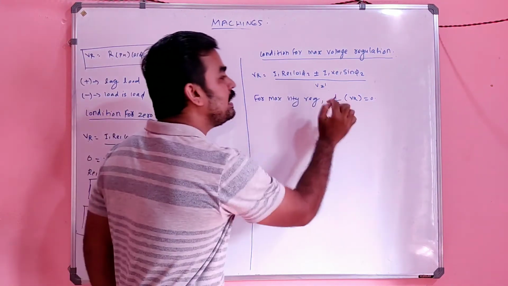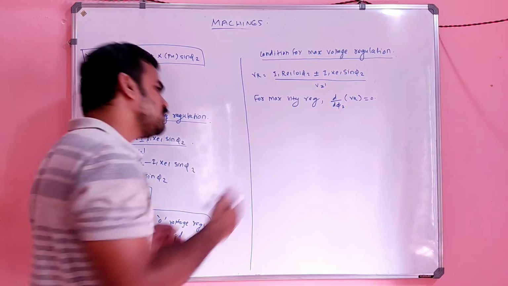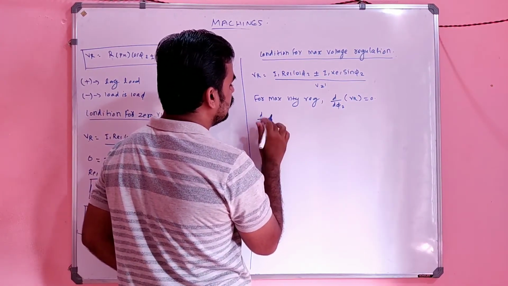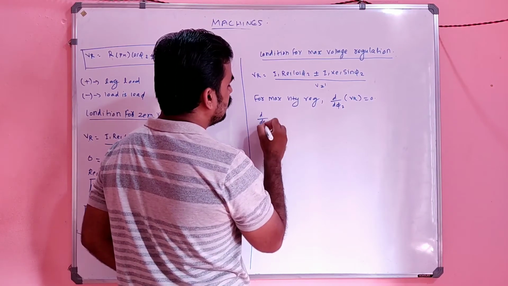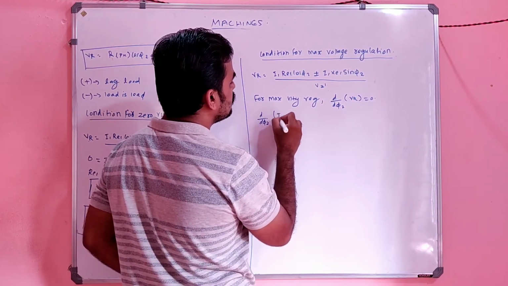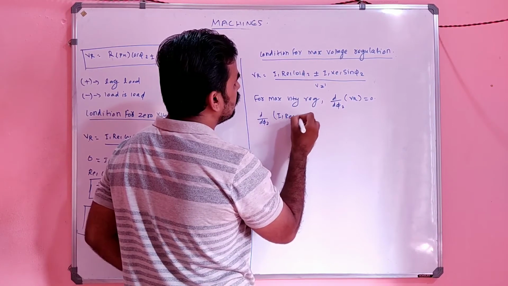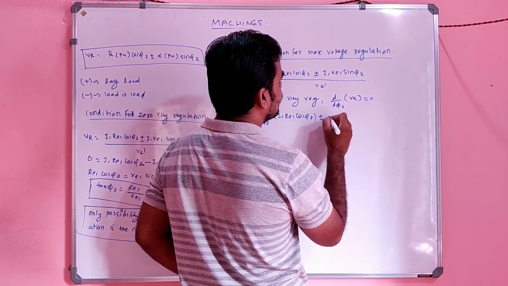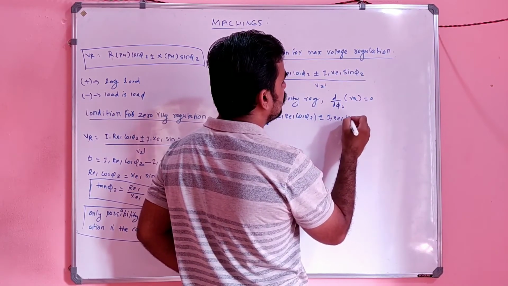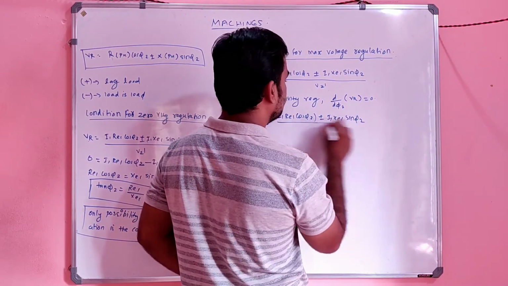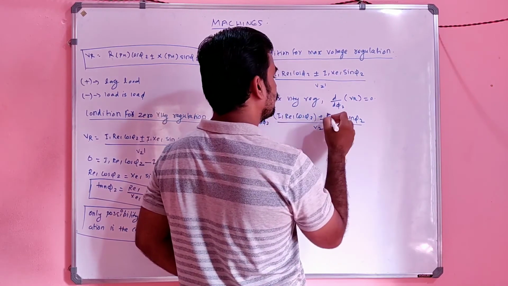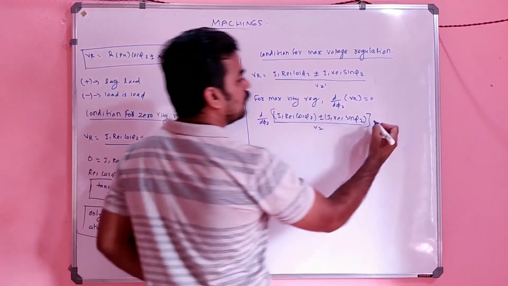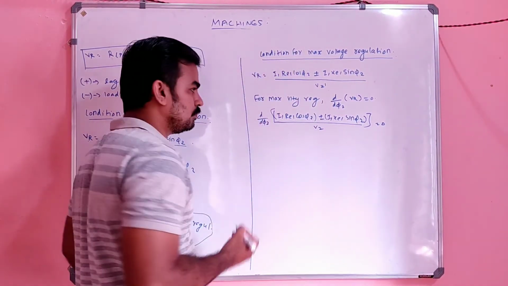That is why d by d phi 2 of VR equals 0. Let's differentiate d by d phi 2 of (I1 RE1 cos phi 2 plus or minus I1 XE1 sin phi 2) by V2 equals 0.